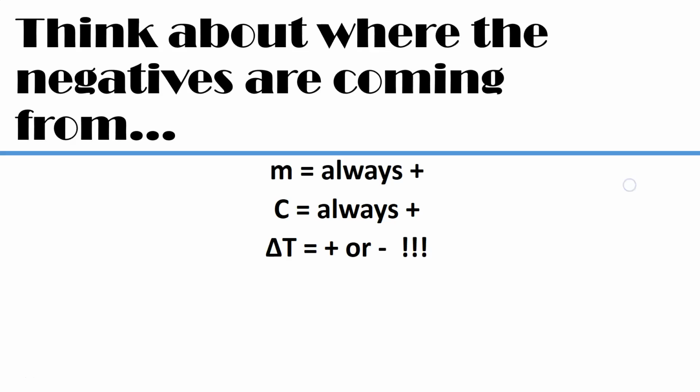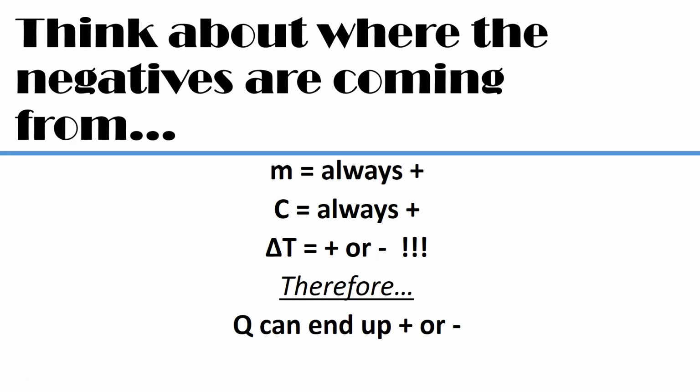Therefore, your delta T can either be plus or minus. And that's where your Q value ends up plus or minus. So when you're looking at T values and you're looking at Q values, be careful. Stop and think about the story of the problem and make sure you don't have your algebraic signs backwards or missing.